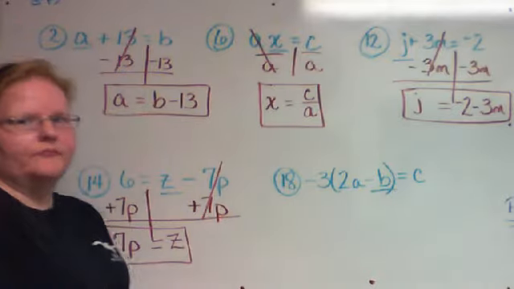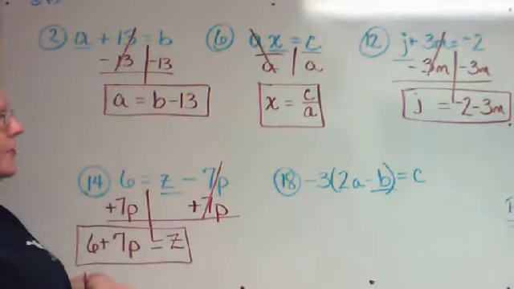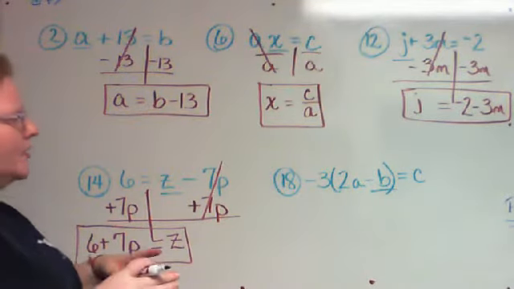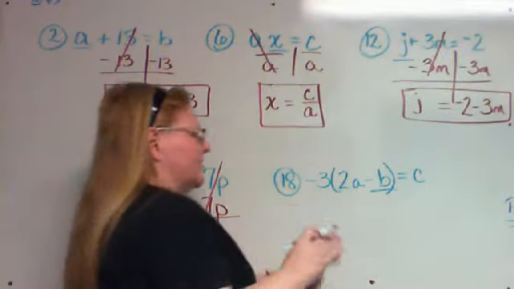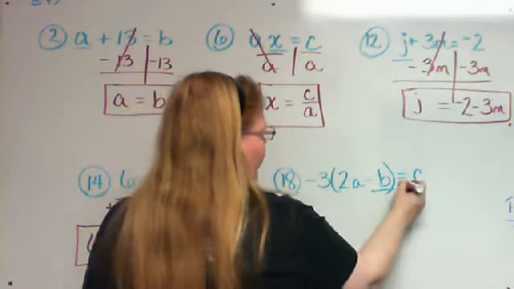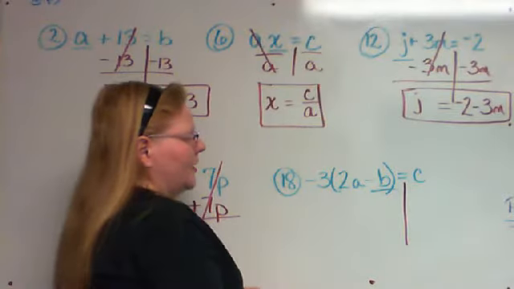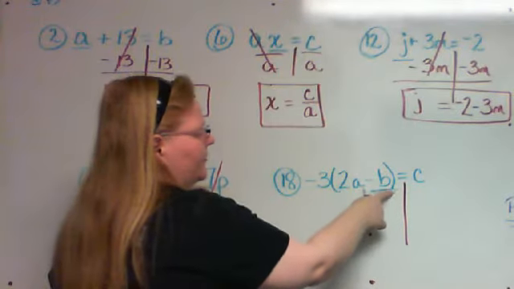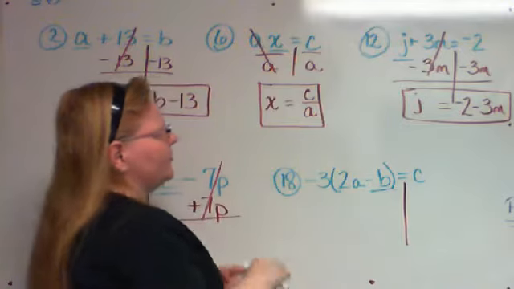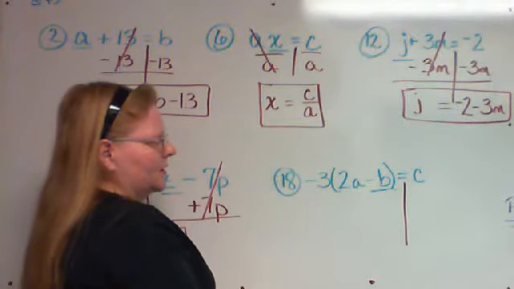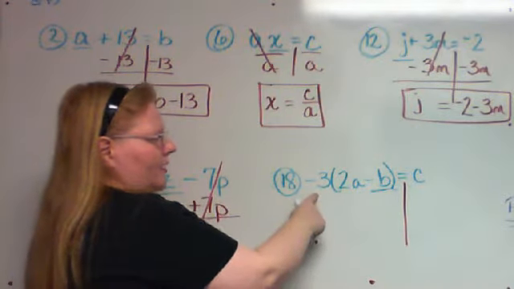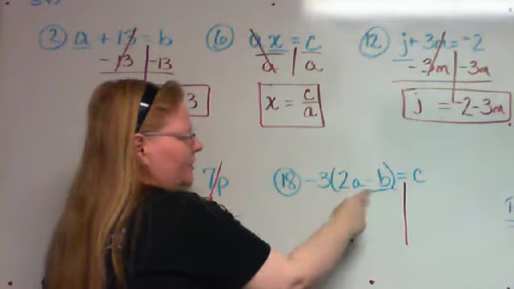This one's confusing. You've got some stuff to do. You could sit there and distribute, and you can move stuff around, and before you get all carried away, let me give you a hint. We want to get the B by itself. What's the furthest thing away from the B? That negative 3. How is the negative 3 connected to the B?